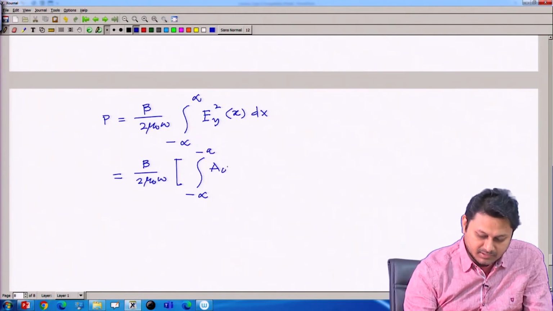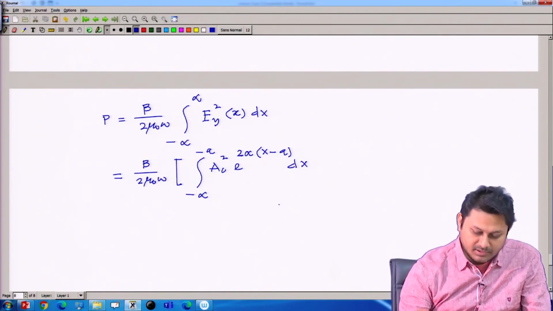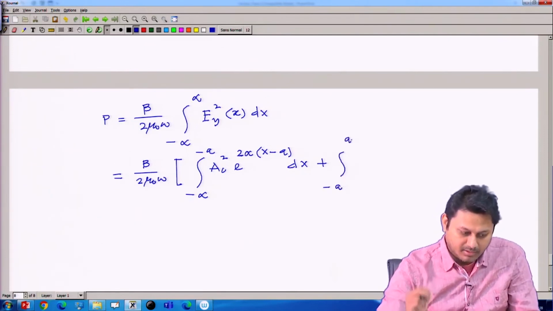It should be a 0 square e to the power of, not minus, 2 alpha (x minus a), then dx. That is the first integral. The second integral is minus a to a.